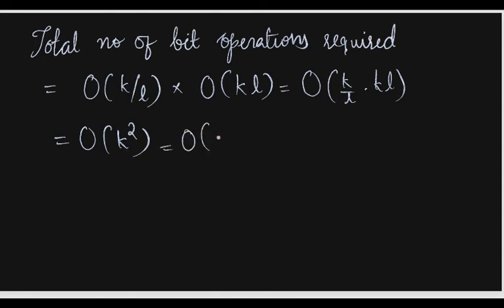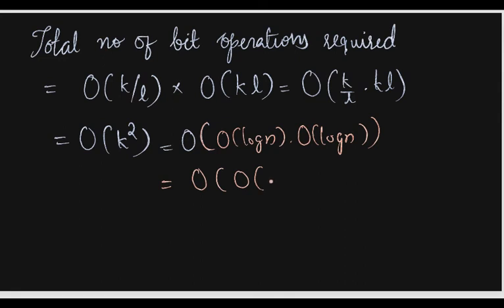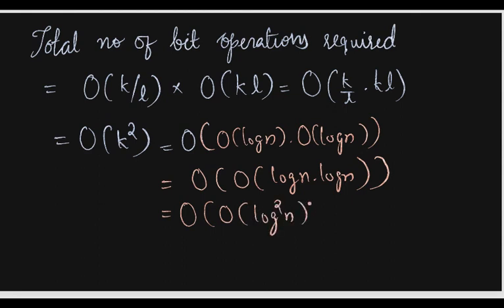Since k is the number of bits of n, big O of k square can be expressed as big O of log n into log n, which is big O of log square n.